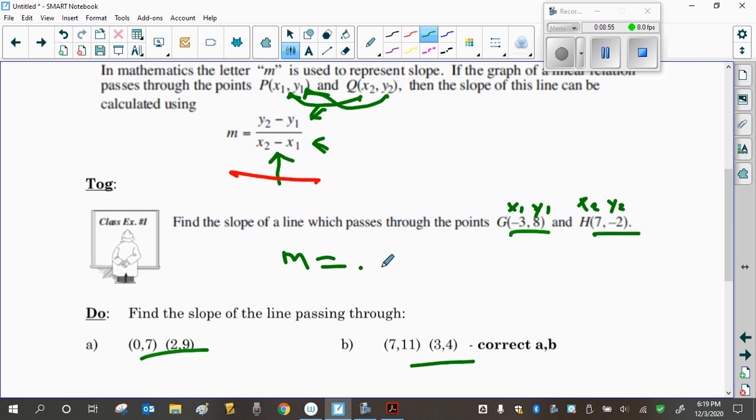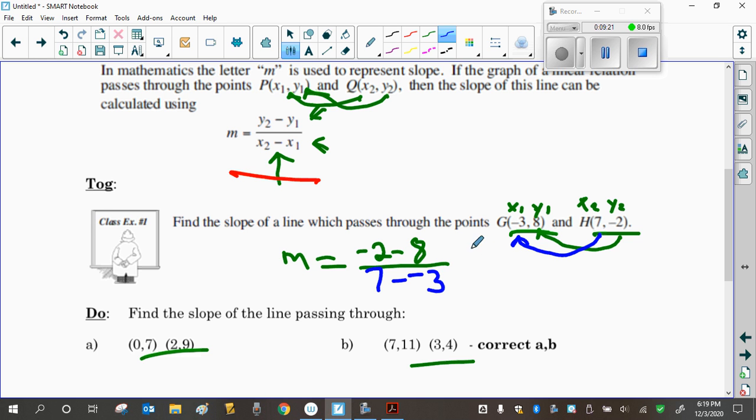Okay, so the formula is y2 subtract y1. y2 is negative 2. Subtract y1 is 8. This one is x2, 7. Subtract, and then you see that you have a negative 3. So you have to subtract a negative 3.